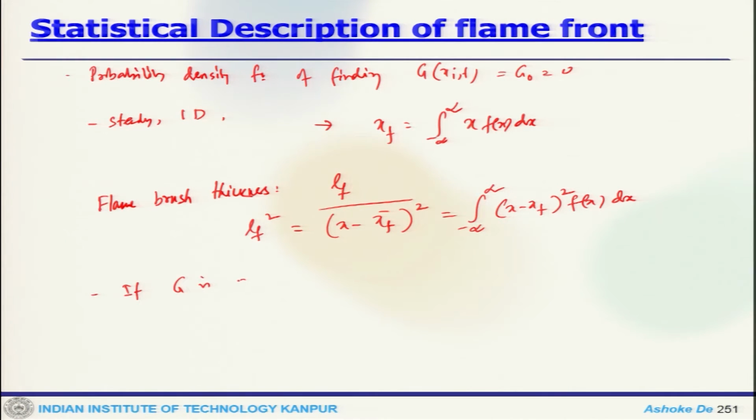If G is a distance function, what we get, G prime is minus x minus xf.